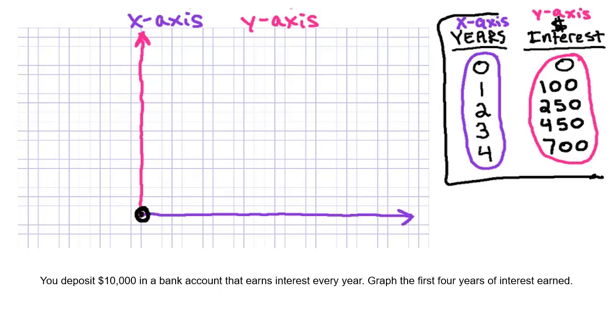So when we go to graph this, we're going to be looking at each row of numbers. We're going to be looking at the 0, 0, the 1, 100, the 2, 250, the 3, 450, and the 4, 700, because we have to have one x value and one y value to end up making a dot on the graph. So let's start with the first set of numbers.